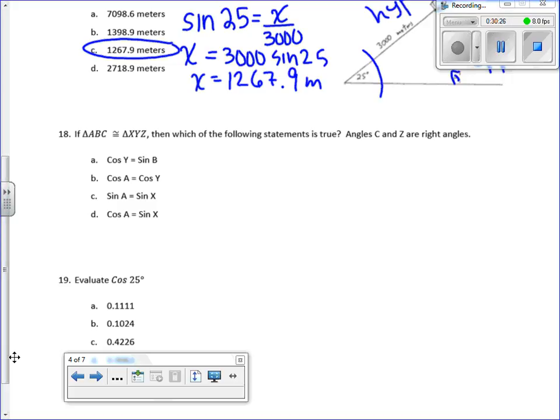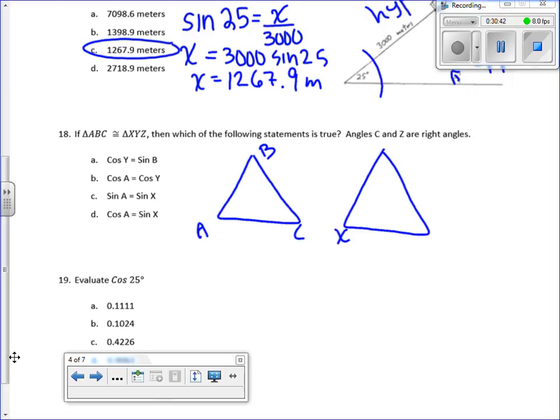Number 18. If triangle ABC is congruent to triangle XYZ, then which of the following statements would be true? So, what I always say: draw a picture. When you label, make sure you label in the same order. I know they're congruent.